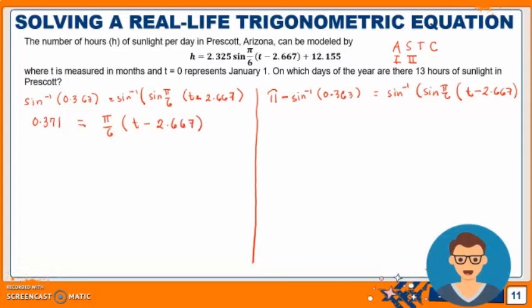We'll multiply both sides by 6 over π so that we could eliminate the 6 and π.